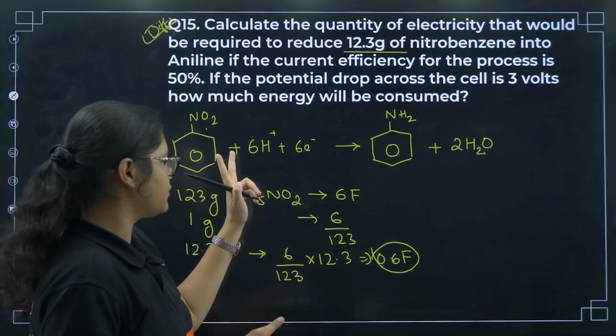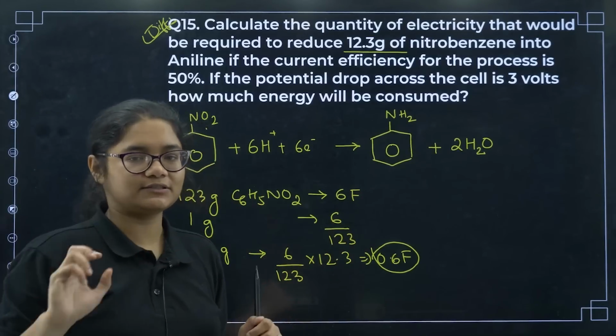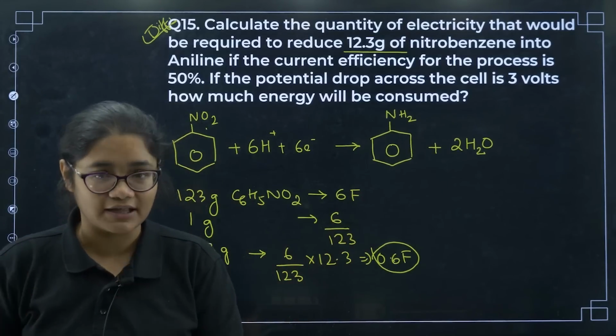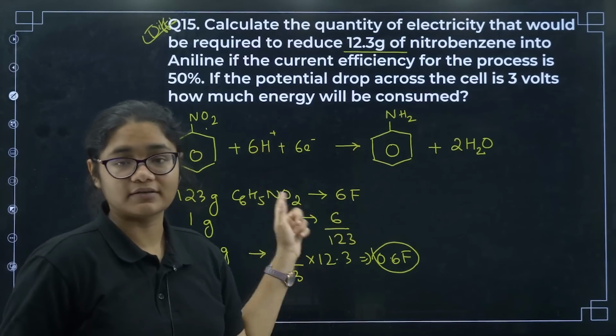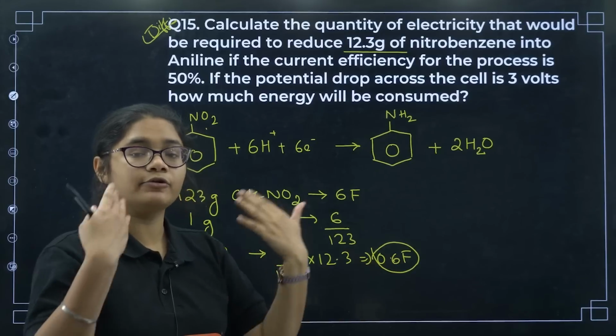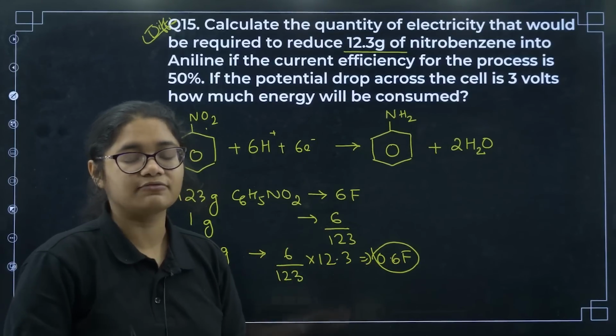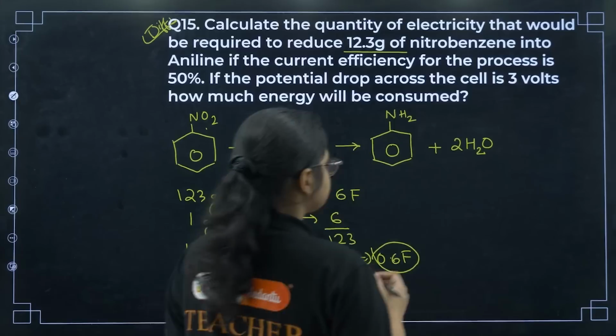So I calculated that for this reaction 0.6 Faraday is required. Now if I give 0.6 Faraday, because it is only 50% efficient, half of it is 0.3, so we will get 0.3 in this reaction. But if I want 0.6 Faraday, I have to provide 1.2 Faraday. Half of that will be 0.6 Faraday. So how can you write that?